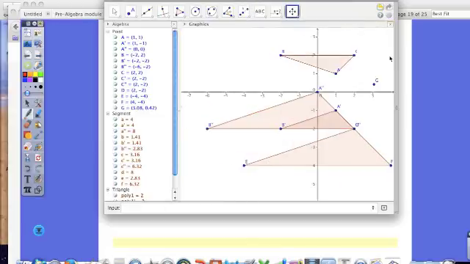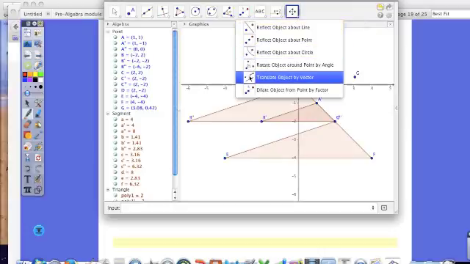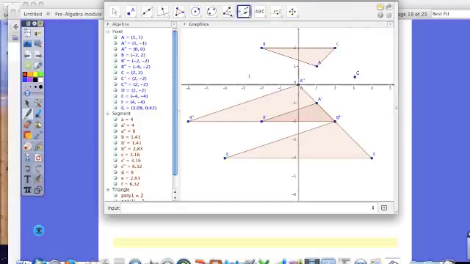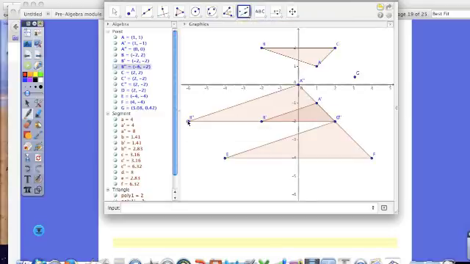So I always have a little bit of trouble with this. But I want to translate object by vector. Don't worry about what vector is or how it works. I just know that it's going to work. So if I click on this point, I didn't get my vector line. So if I click on this point again, I want to move that point down to here. And at the same time I do that, it didn't stick. So let me do that again. I want to translate this point, try this again, this point down to here.